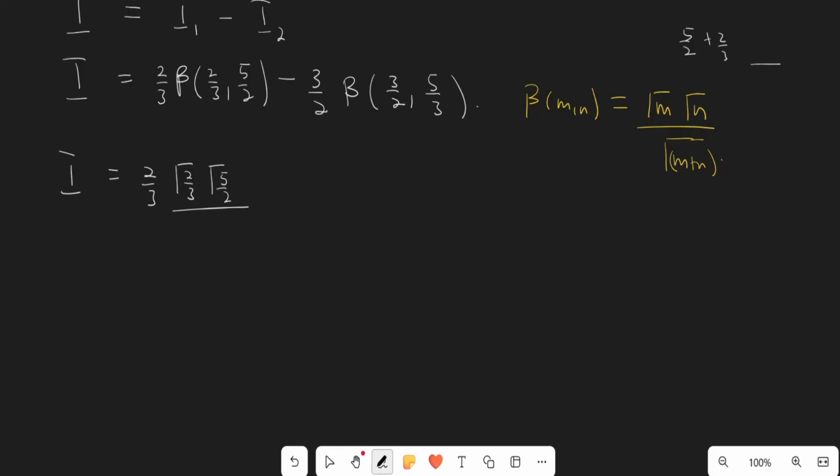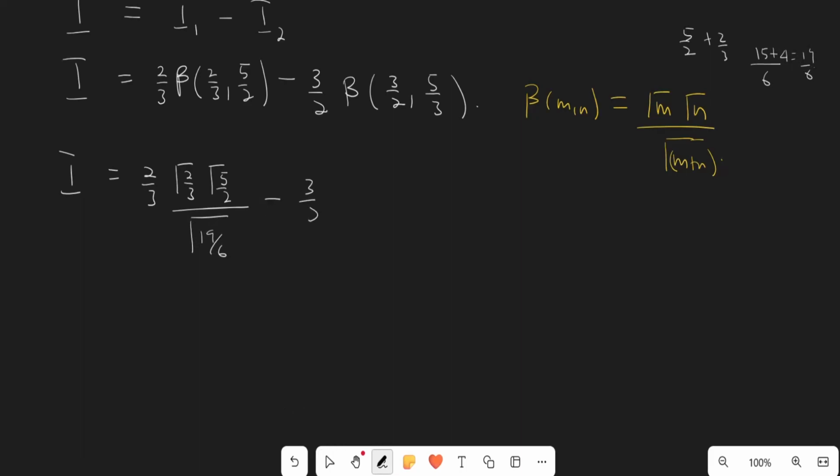What is the sum? With LCM 6, this is going to be 15 plus 4. I'm sorry about that. That is 15 here, and this is 4. So that is going to give you 19 over 6. So gamma of the sum is 19 over 6.